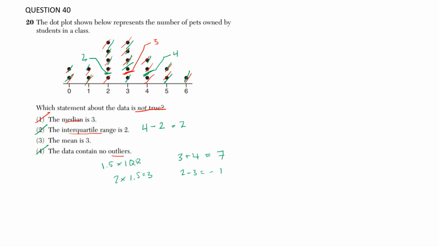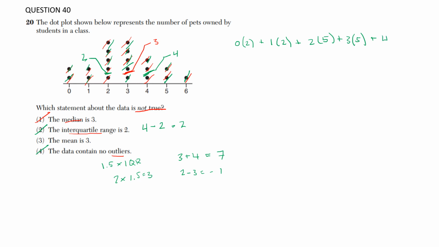And finally, let's just verify that the mean is indeed 3. We have 2 zeros, and we have 2 ones. Oops, let me make sure it's consistent here. For 1, we have 2 of them. For 2, we have 5 of them, it looks like. For 3, we also have 5 of them.